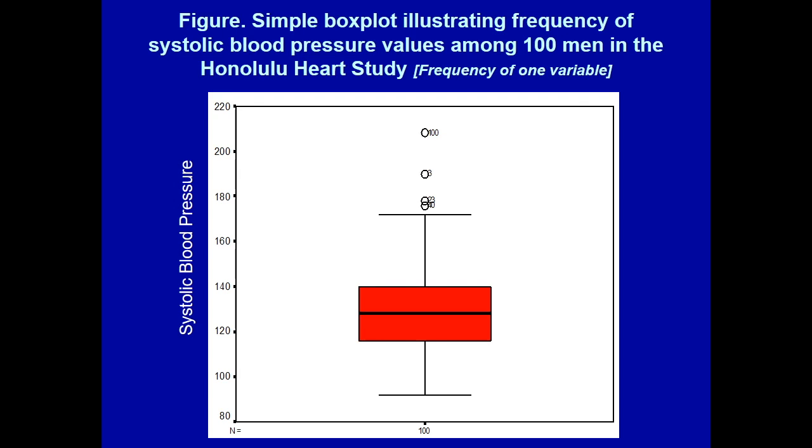It looks like our median value was about 130 here, with our Q1 value being 118 and our Q3 value being 140. Then our whiskers extend out down to about 90 and up to 175. And then we have a few outliers that are listed; there's about 4 of those in this data of 100 men in this study.